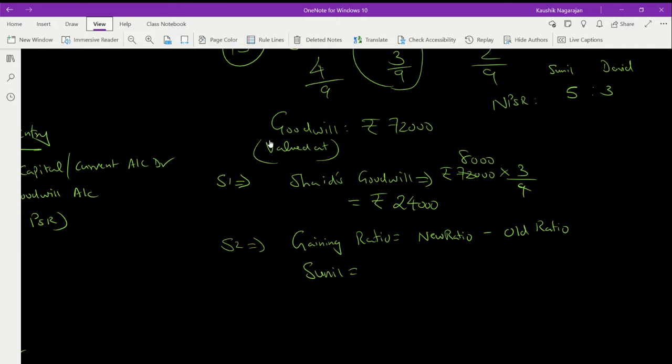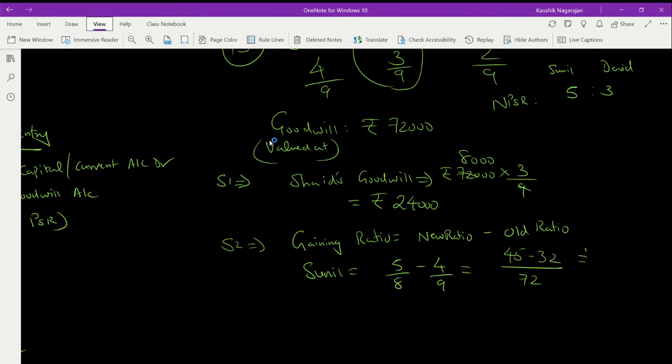For Sunil, the new ratio is 5 by 8 minus the old ratio, which is 4 by 9. Taking the LCM for 8 and 9, it is 72. So 5 into 9, 5 nines are 45, minus 4 into 8, 4 eights are 32.